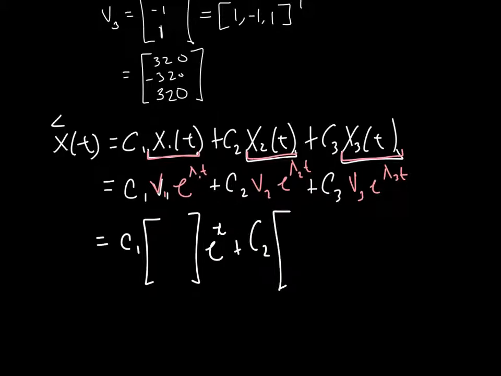Plus C2, I'll insert the vectors in a bit. Lambda 2, what was lambda 2? Was it positive 2 or negative 2?